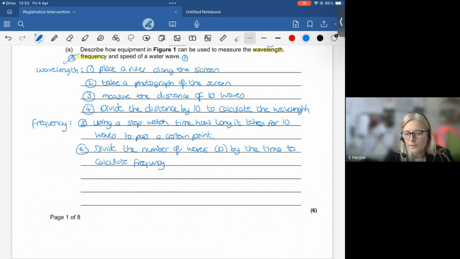So now I've got frequency. I now know how many waves pass a key point in a second. Right, so now I've got those 2 points, 3. I need to get to the wave, actually measure the speed of the wave.